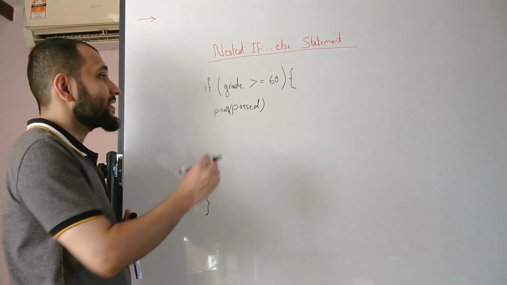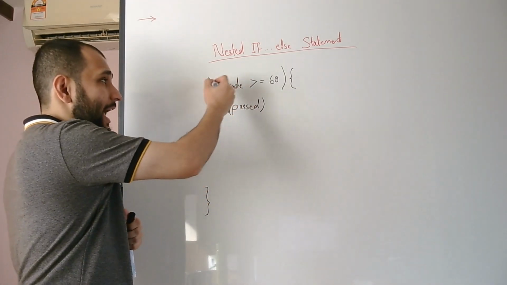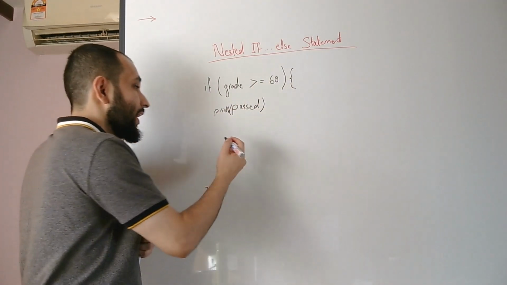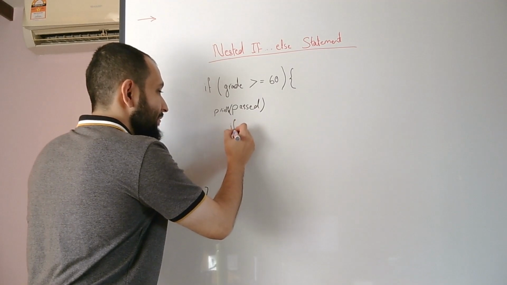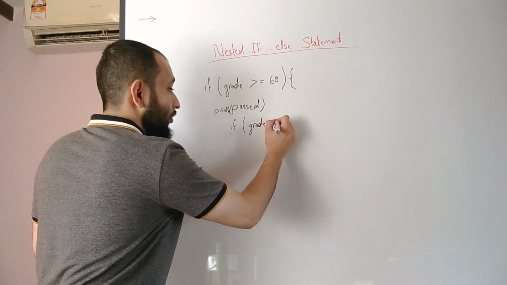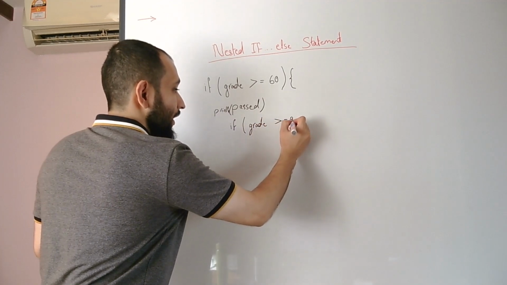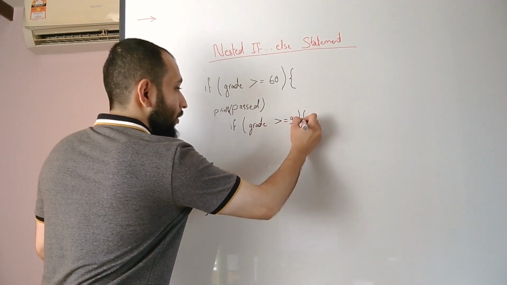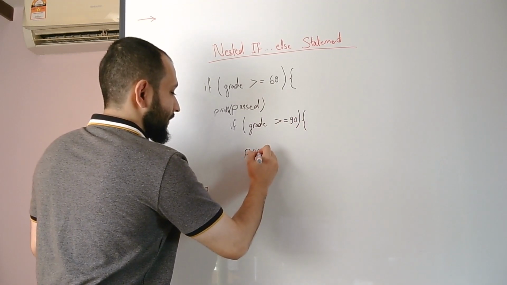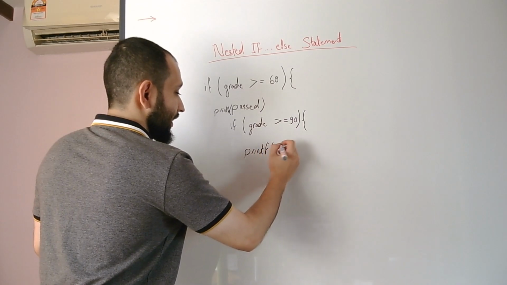And now inside of this if statement we can create another if statement. That is, we can say that if this grade is greater than or equal to 90, then we can tell the student that this student has done an excellent job.